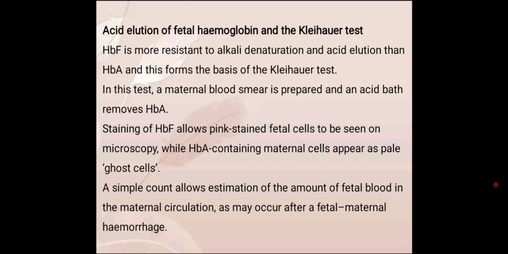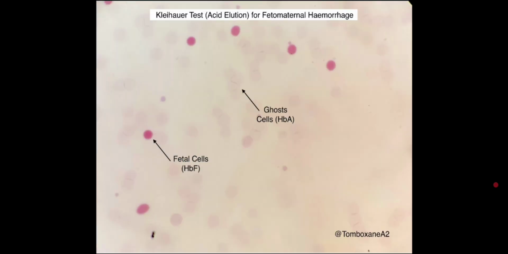A simple count allows estimation of the amount of fetal RBCs in maternal circulation, as may occur after fetal-maternal hemorrhage. These are the ghost cells, which contain hemoglobin A, and the pink staining cells, which contain hemoglobin F.